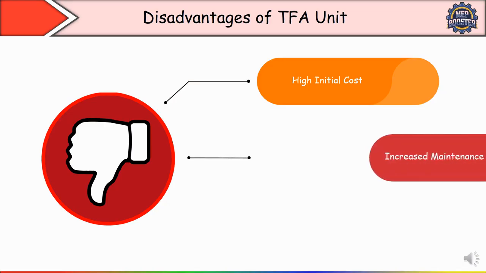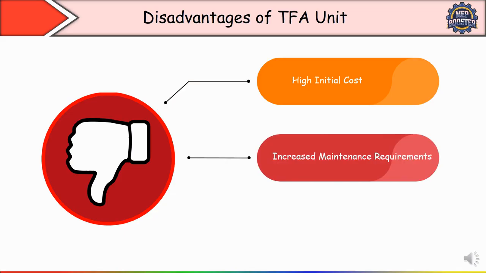Second, it also increases maintenance requirements. How? TFA units require regular upkeep of components such as filters, coils, fans and sensors. High-efficiency filters like HEPA need frequent replacement, so maintenance is more demanding and costly compared to simpler HVAC systems. This is the drawback.